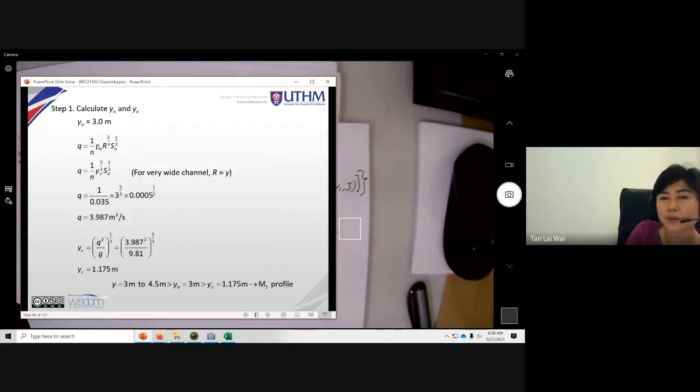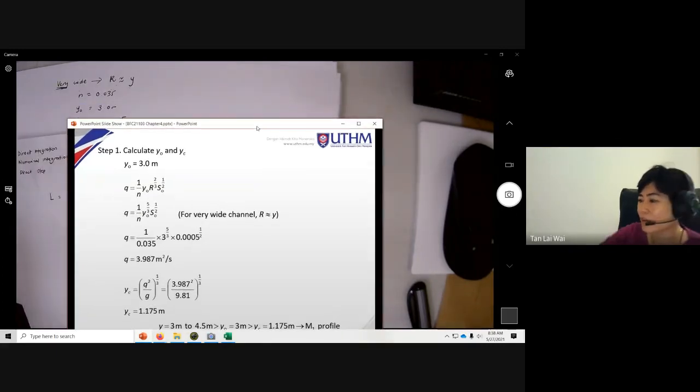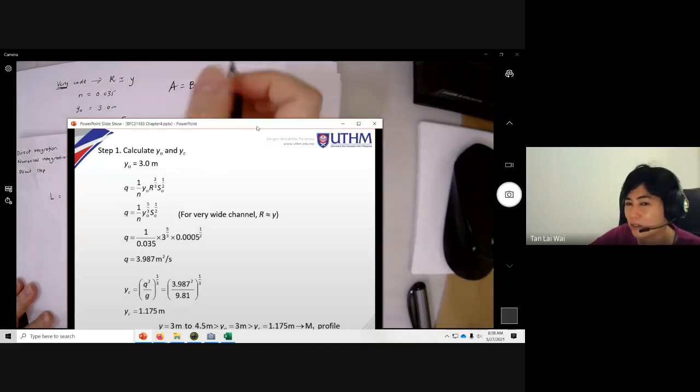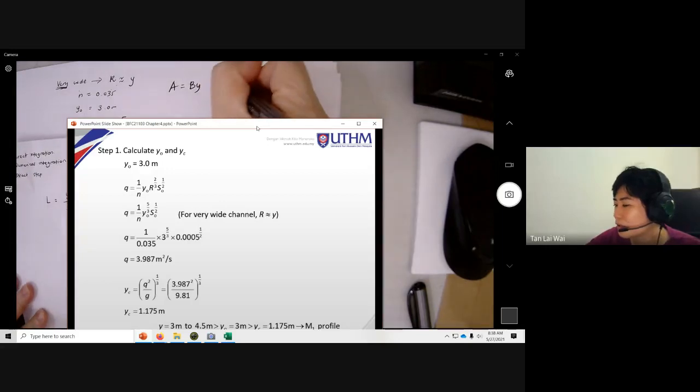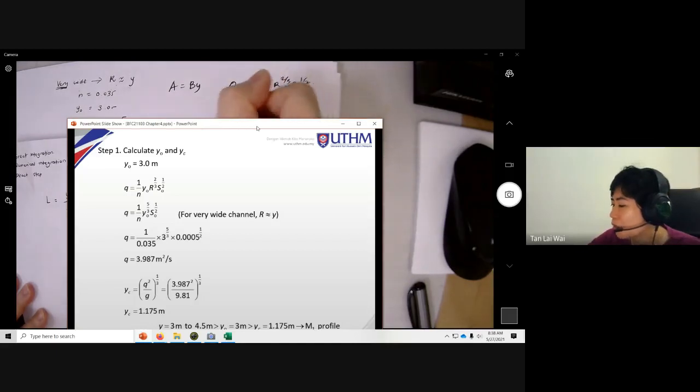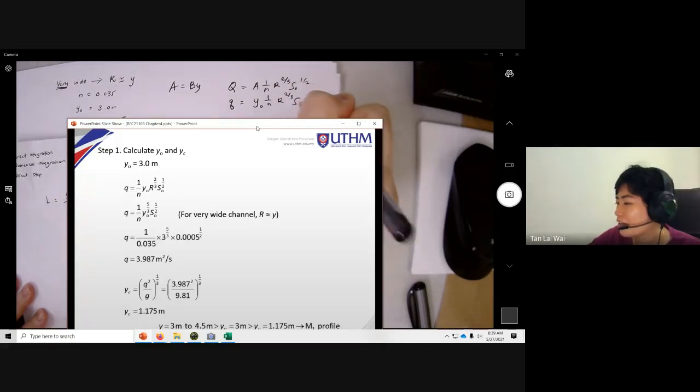So Q over, of course, if it's rectangular, your A becomes Y naught only, because by now you should know that A is equal to B times Y. So in order for you to have, this is I'm using Manning formula. So both sides divided by P, you are going to have this becomes Y only, Y naught. Okay, so you have that formula there.